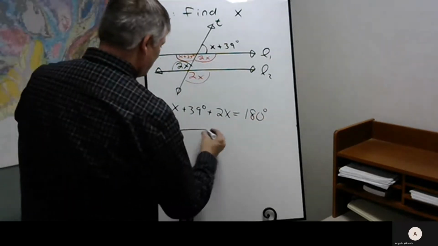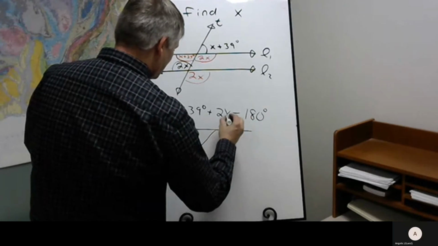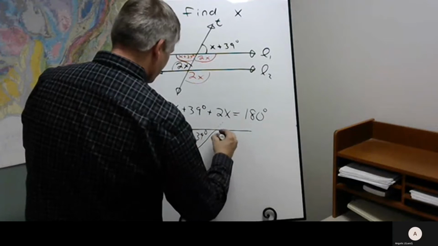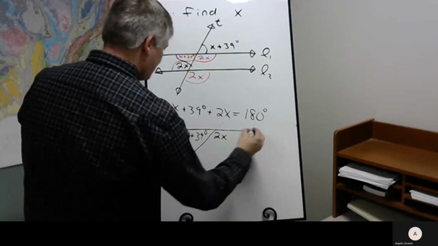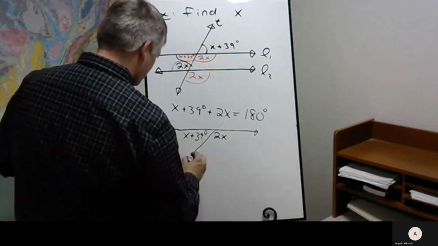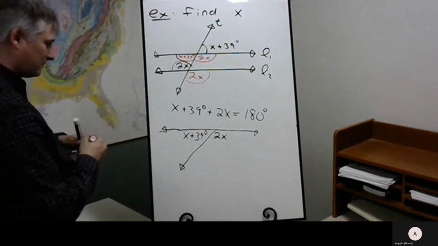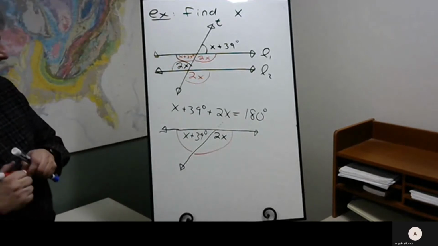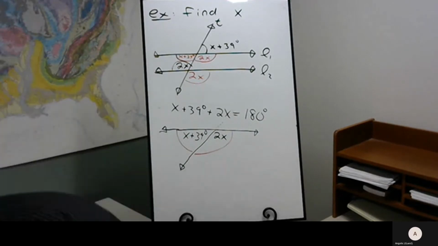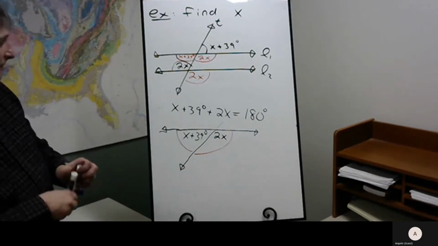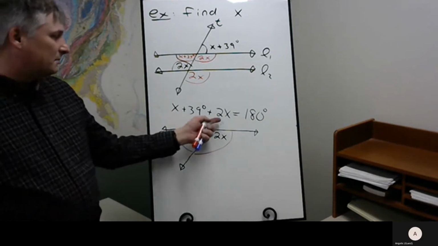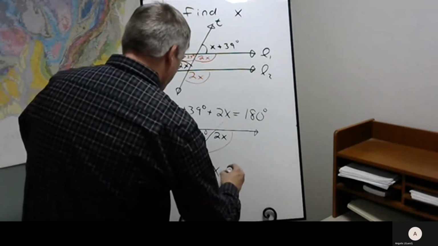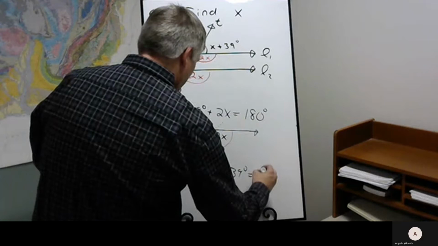We can think of it like this. Transversal keeps going. So let's solve for x. You have an x, two more x's. You have 3x plus 39 equals 180.